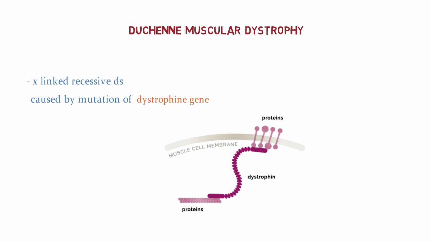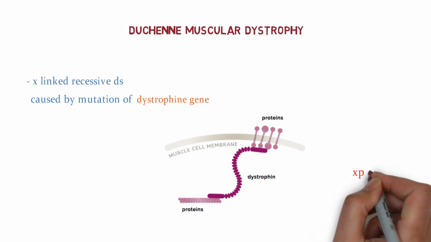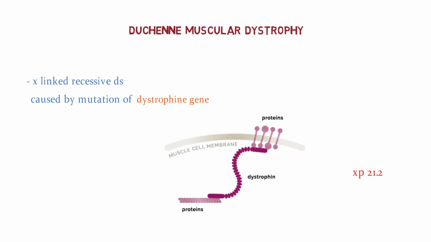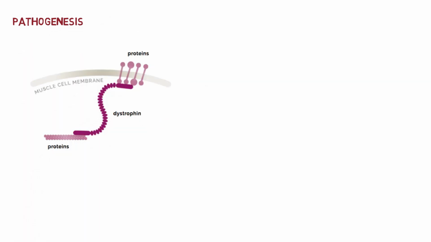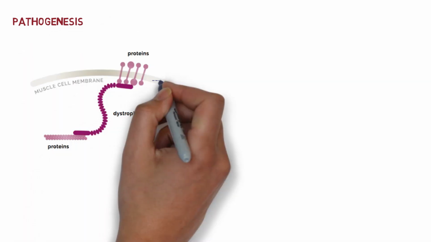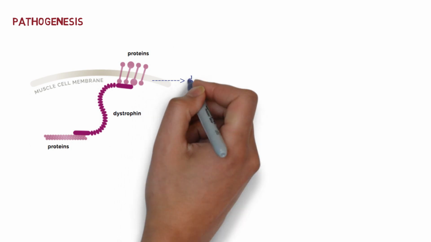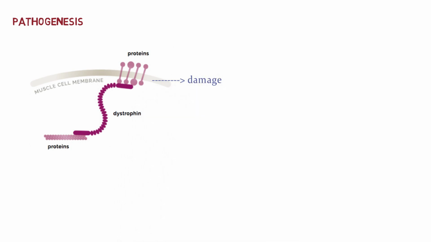And this gene is located on chromosome Xp21.2. So the main cause is mutation. Let's move toward the pathogenesis. What happens is there is a loss of dystrophin and that's why there is damage to the muscle cell membrane.